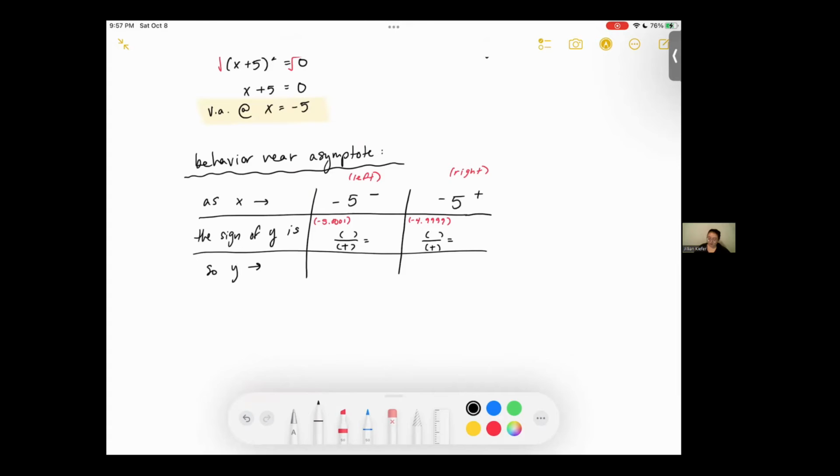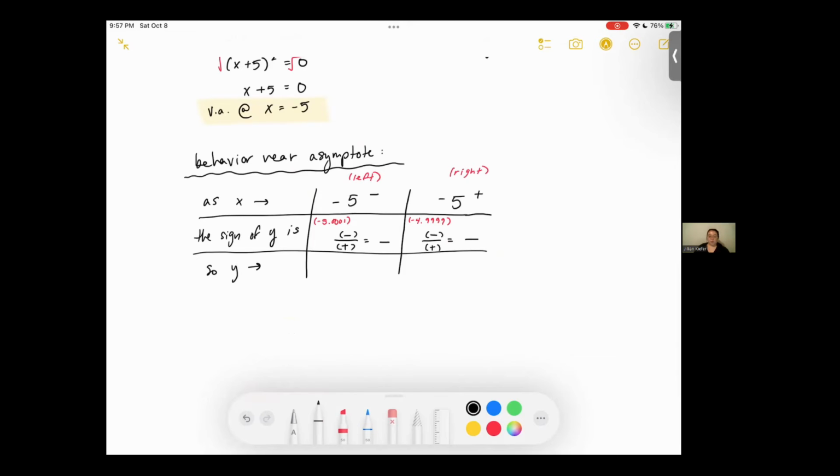So the sign of y in both of these cases, since the numerator would end up being negative, would be negative in both of those cases. So once again, it doesn't matter what the value is. It matters what the sign is, because we know that the denominator is always going to be positive because it's squared.